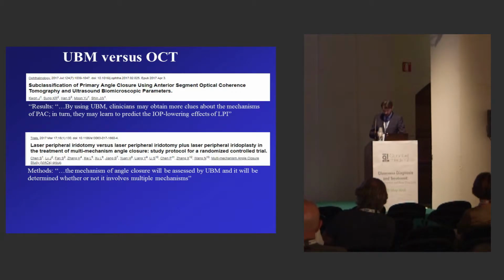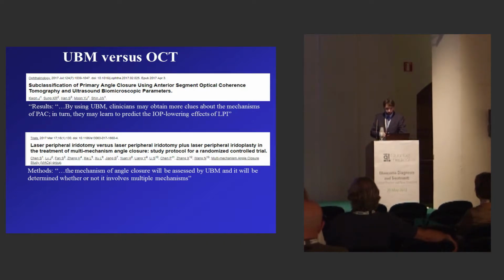By using UBM, we can obtain more clues about the mechanism of primary angle closure, and a lot of trials and studies use UBM methods to study primary angle closure.